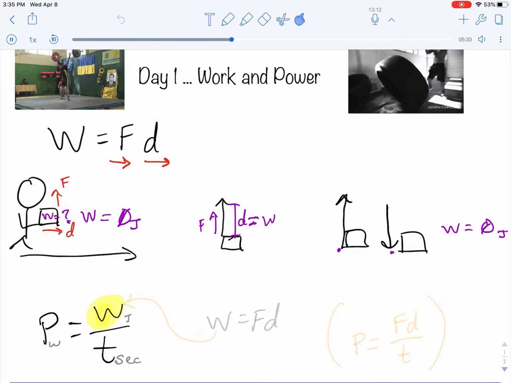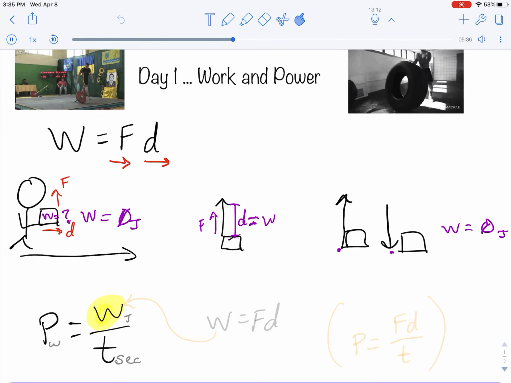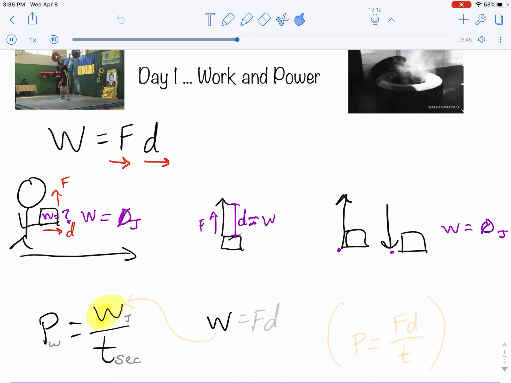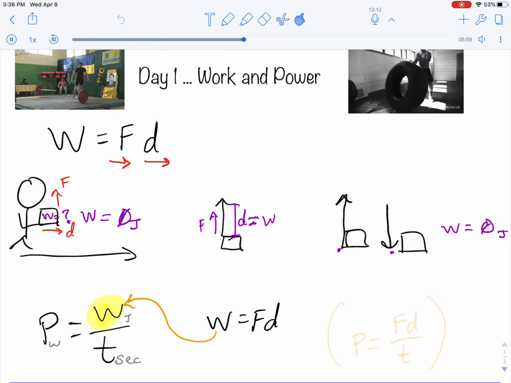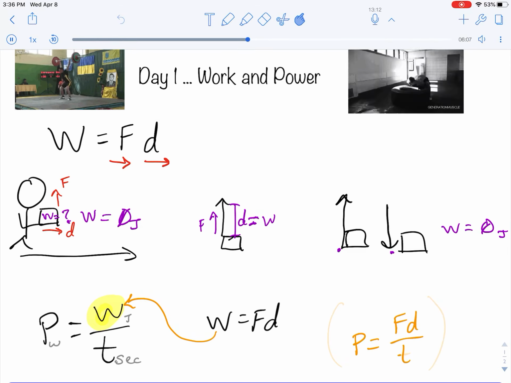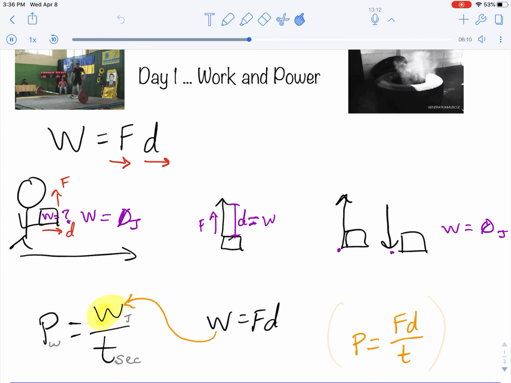So your options here are to either say that work is equal to force times distance, come over here, plug in our numbers, find our work, then take that work value and simply plug that in here, and then do power is work divided by time. Or for those of you who are more advanced in your algebra and you feel comfortable, you could also just rewrite your formula so that you do force times distance as your numerator and then go from there, okay?